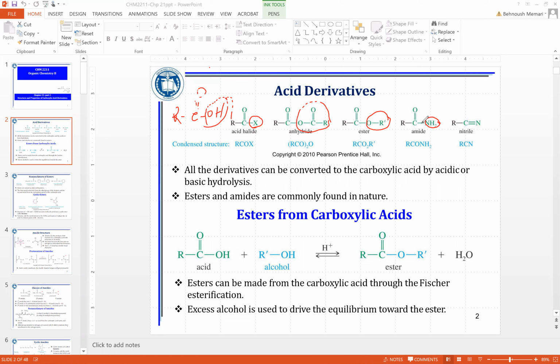Now, when you look at the structure for nitrile, it doesn't look like the other acid derivatives because it doesn't have a CO double bond.